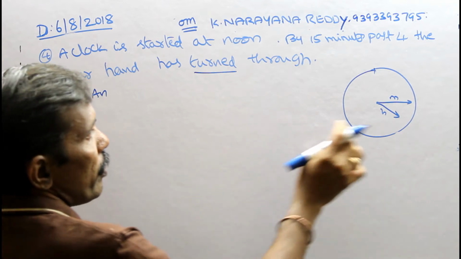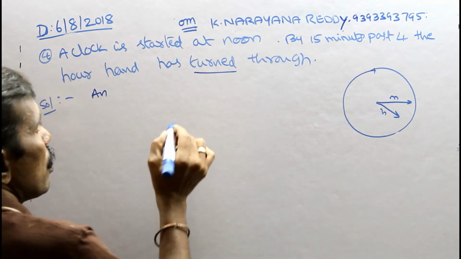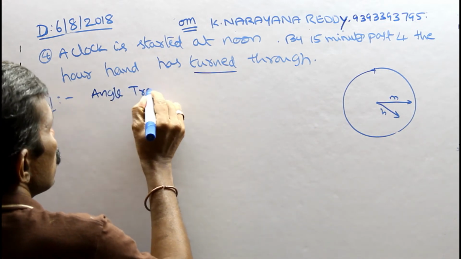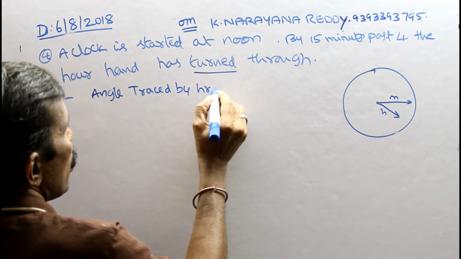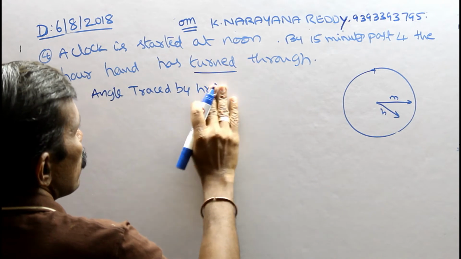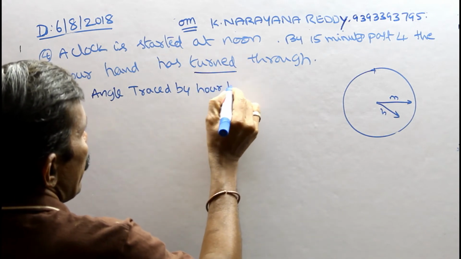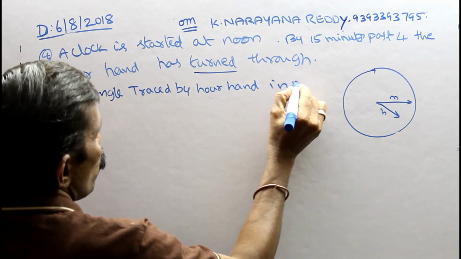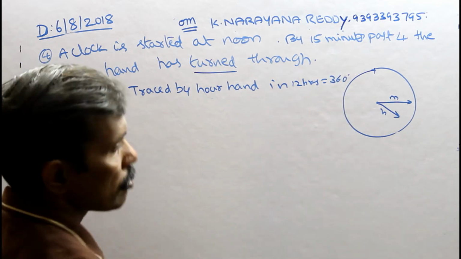So past 4:15. That means the angle traced by the hour hand in 12 hours is equal to 360 degrees.